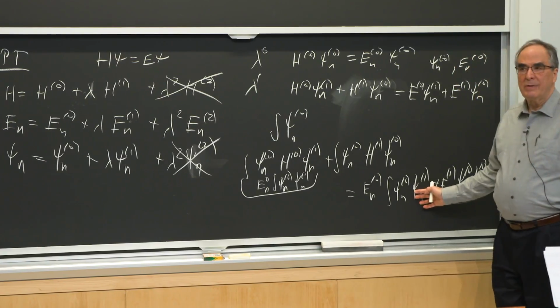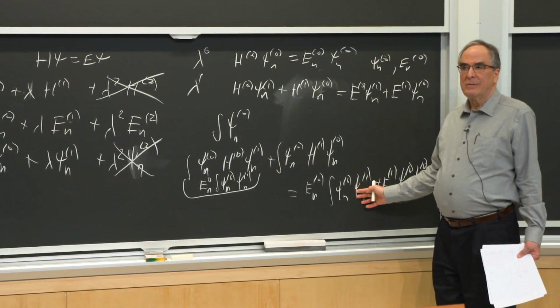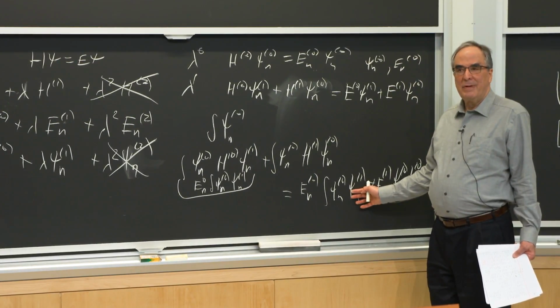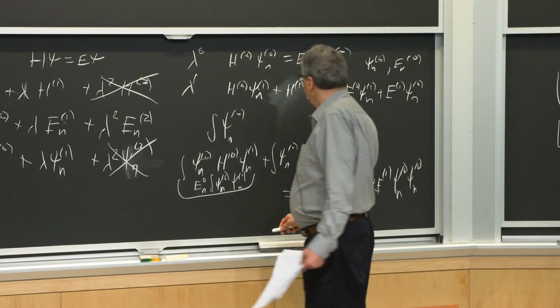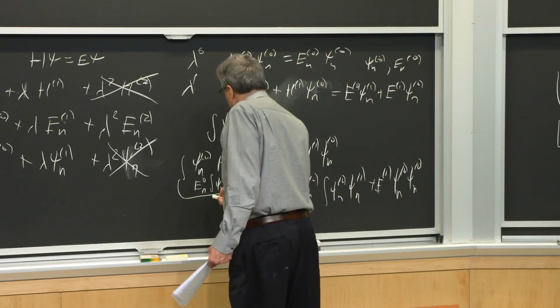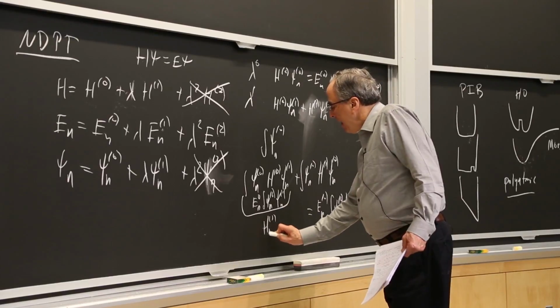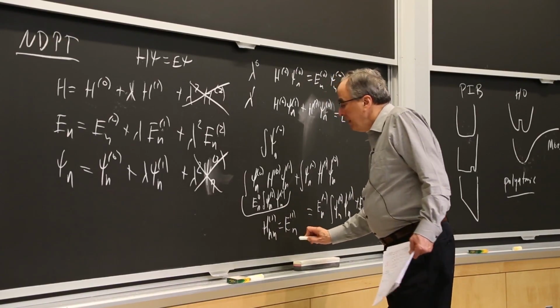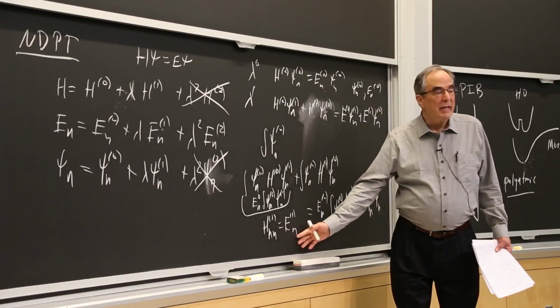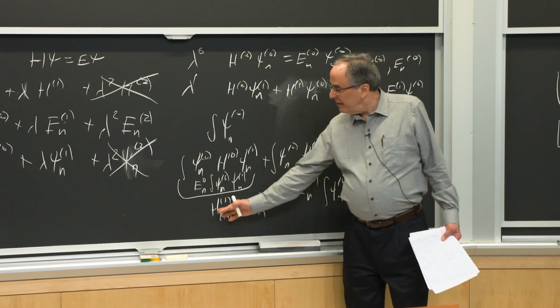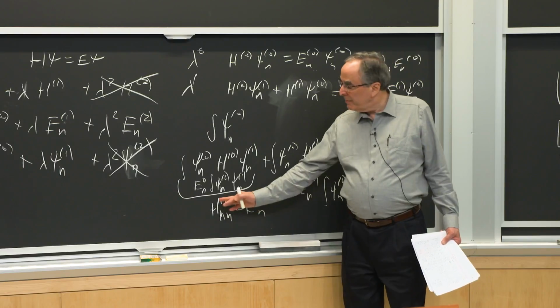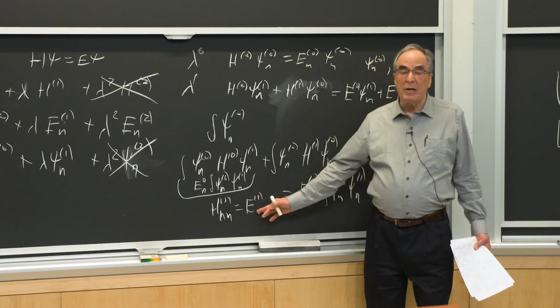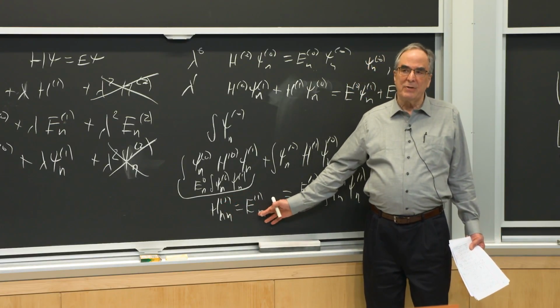Same term over here. Cancel them. And so we get a simple equation that is just H1 nn is equal to E1 n. So we've gotten now the diagonal matrix element of the perturbation term is equal to the first order correction to the energy.